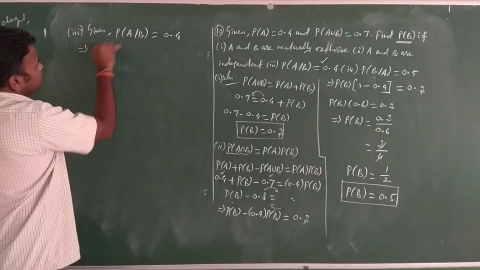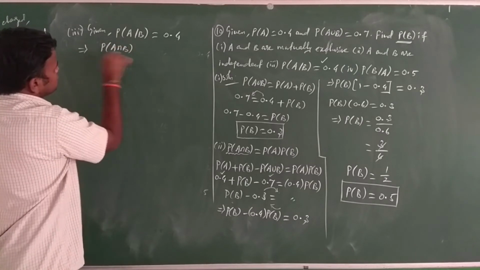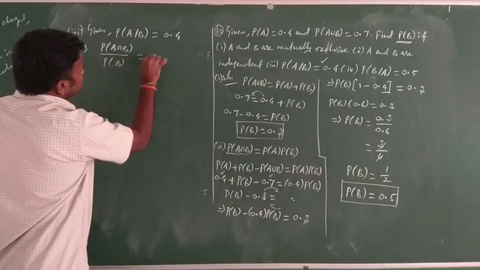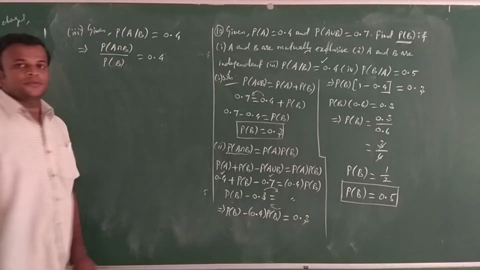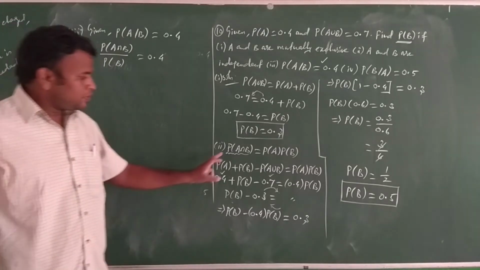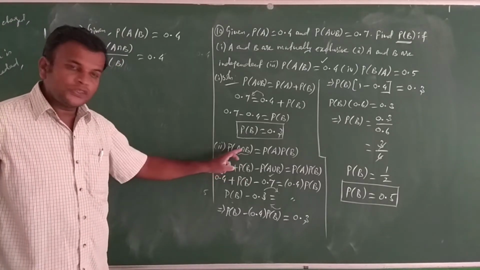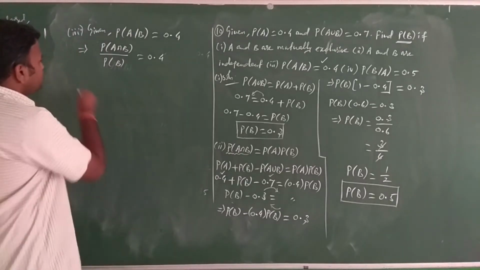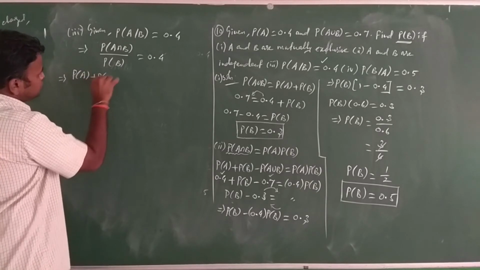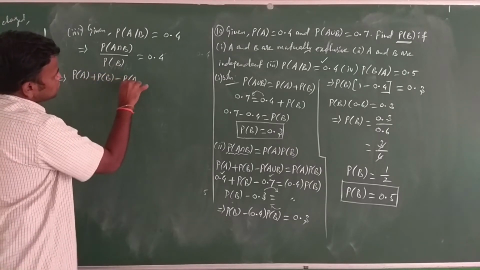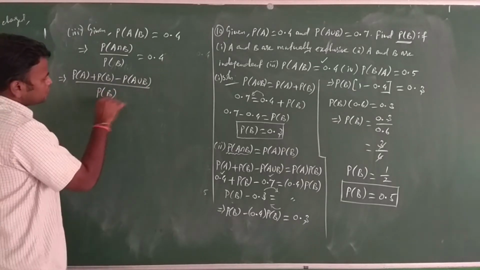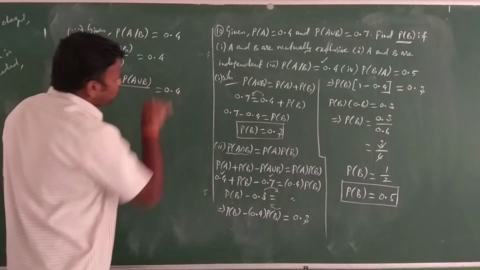Next, use the formula: P of A intersection B by P of B is equal to 0.4. Next, for P of A intersection B, using the same formula, P of A plus P of B minus P of A union B, by P of B, is equal to 0.4.